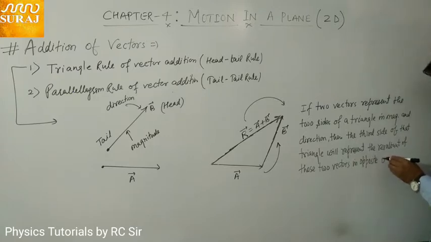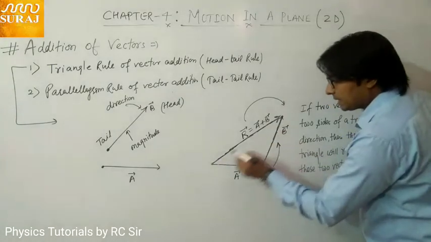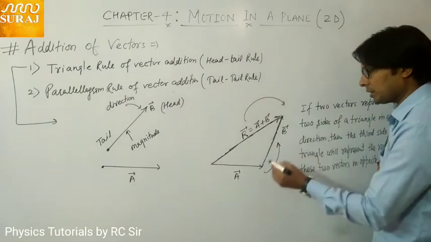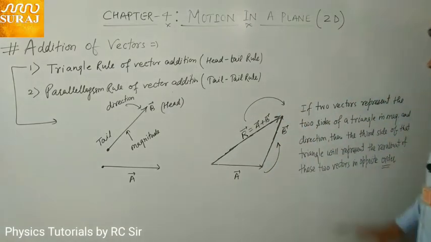In opposite order means the direction of the resultant will be in opposite order to that of A vector and B vector. So this is the statement of the triangle rule of vector addition.